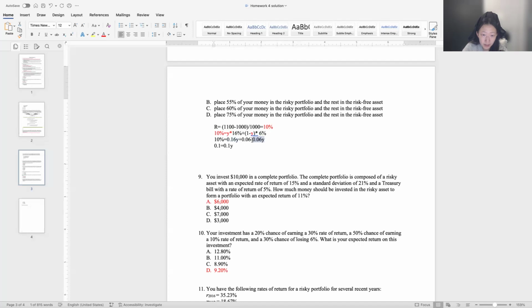So 0.16 minus 0.06 equals 0.1 y plus 0.06.